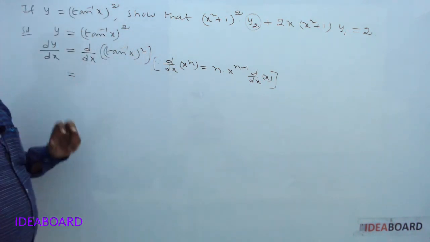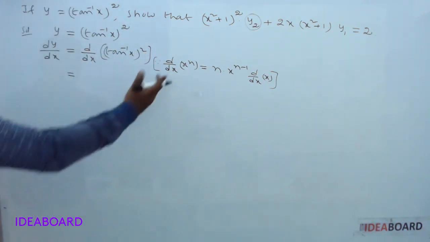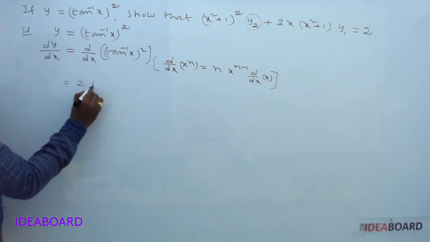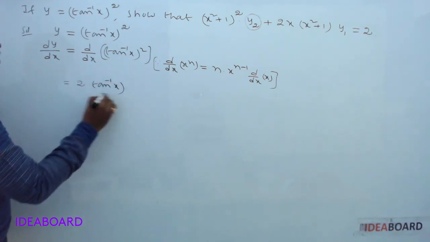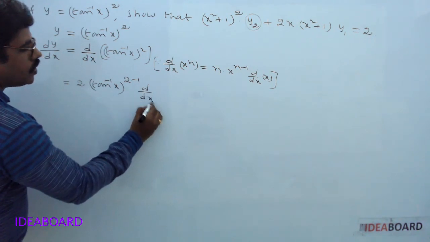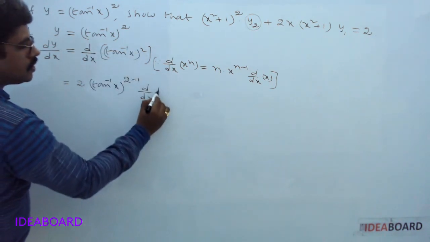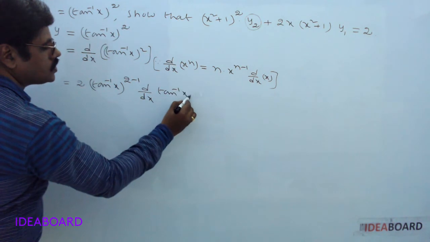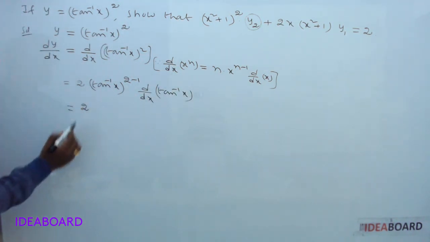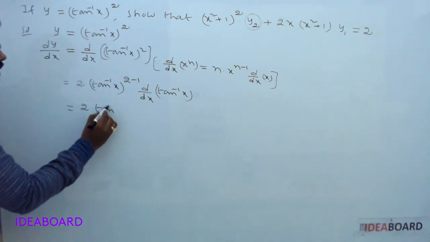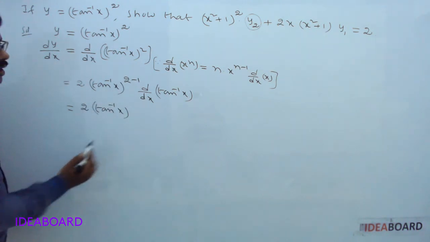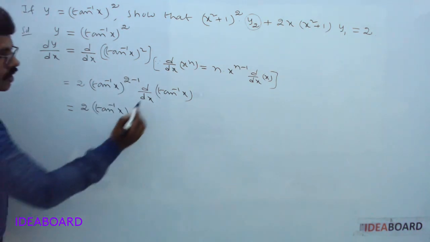Now here power is the constant term, base is the function. Now use this application. So this equals 2 into (tan inverse x) whole power 2 minus 1 into derivative of this base function, that is tan inverse x. Now again this equals 2 into tan inverse x whole power 2 minus 1, which is nothing but 1, into derivative of tan inverse x.